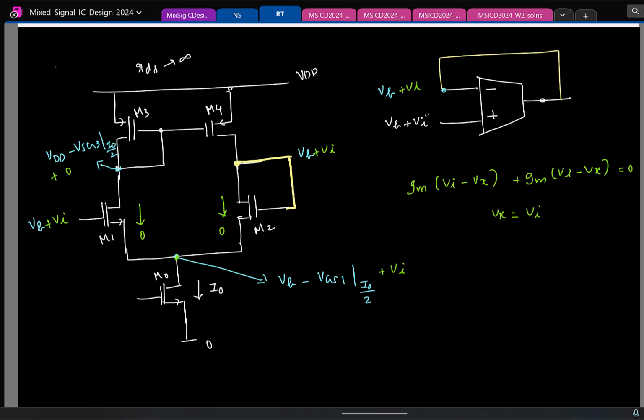Remember, if the current flowing here is some Ix, what will be this node potential? If let us say this is some general Ix, the current flowing upwards, then what can you say about this node potential? Ix into?